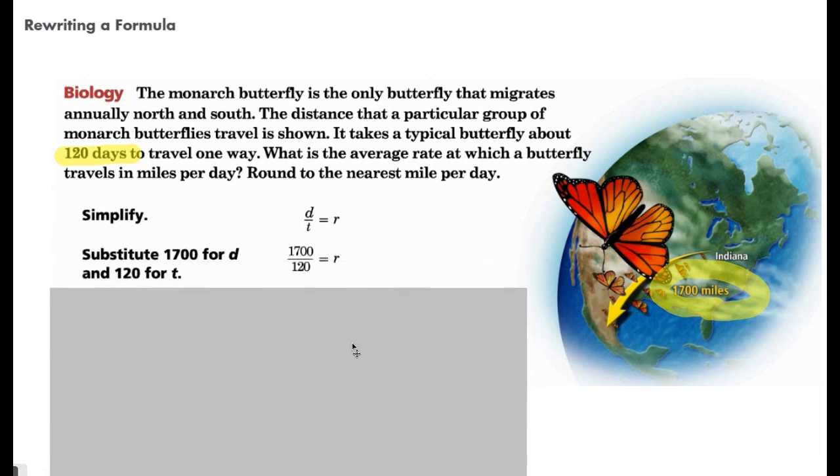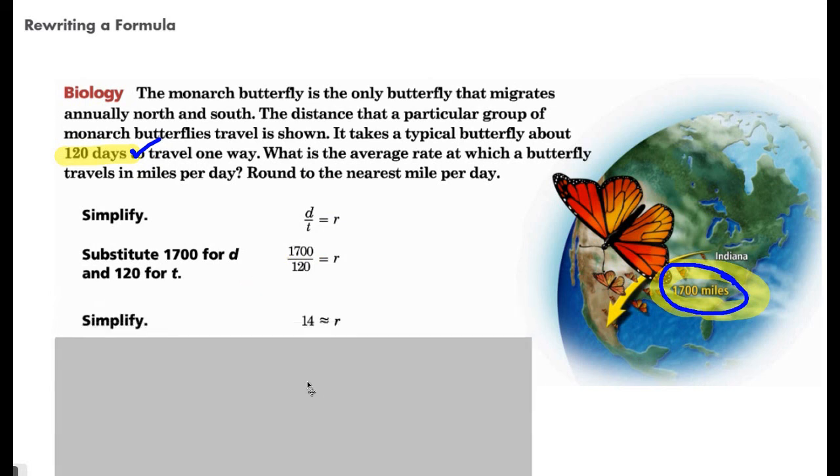From there, we are going to substitute values. What we're going to substitute are the 1,700 that is over here on the image, and the 120 days that we're going to use for time. So the distance was 1,700 miles, the time was 120 days, so we're going to substitute those values for d and t.